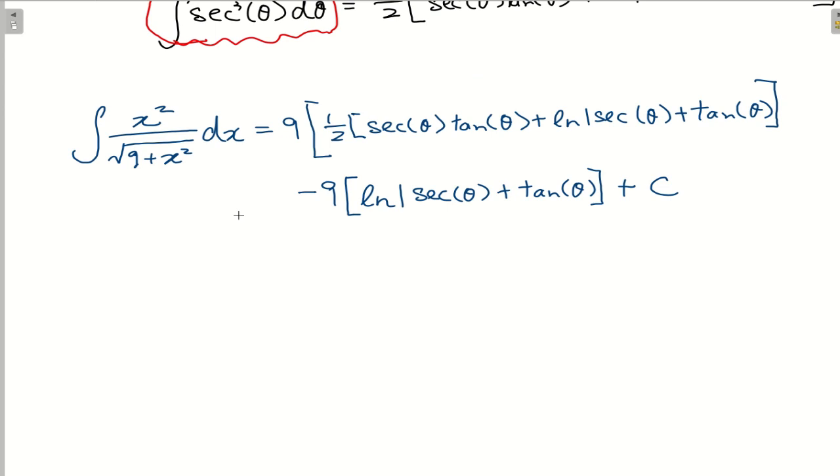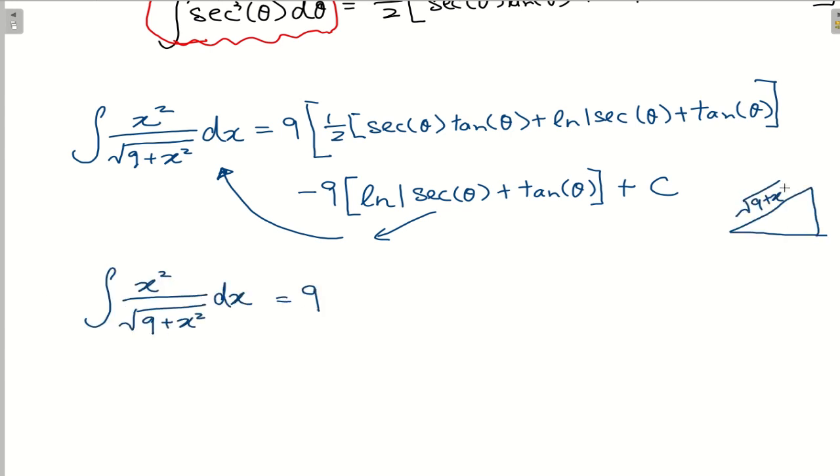Finally, we have to change this theta into something of x. This is the right angle triangle. So secant theta is equal to square root of 9 plus x squared over 3. Tangent theta is x over 3.